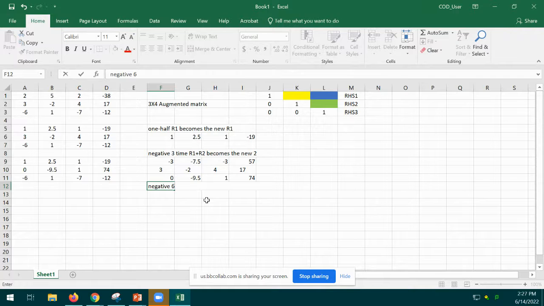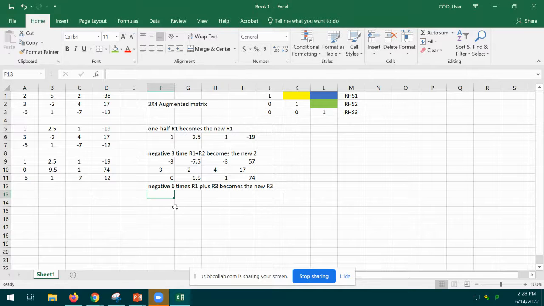I mean, you could just write -6 times row 1, R1, plus row 3 becomes the new row 3. I should have just said R3.